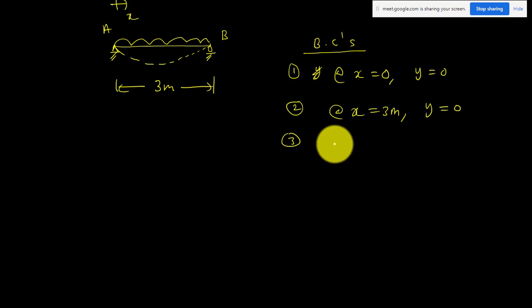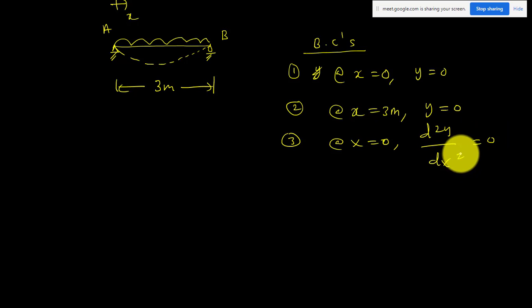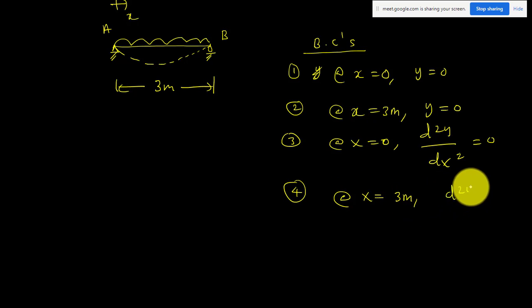Third boundary condition: at x equal to 0, d square y by dx square is 0. The moment is 0 at point A; moment and d square y by dx square are related, M by EI. Fourth boundary condition: at x equal to 3 meter, your moment is 0, that means d square y by dx square is 0.